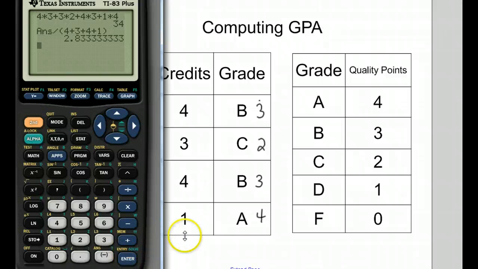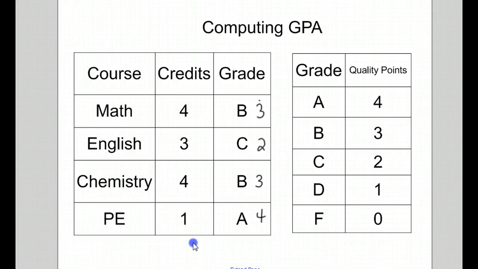And then 2.83 is the GPA, rounded to 2 decimal places for that semester. So a GPA is nothing but a weighted average, where the credit hours are acting as your weights this time, and your quality points are what you earned. Multiply those times these, and it's just like the frequency distribution thing all over again.